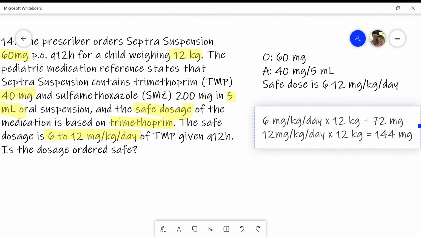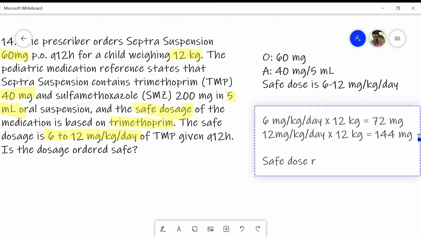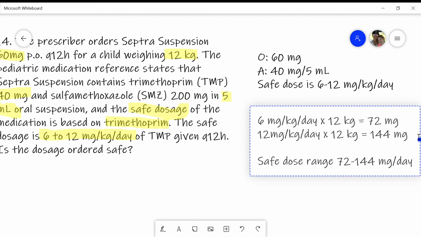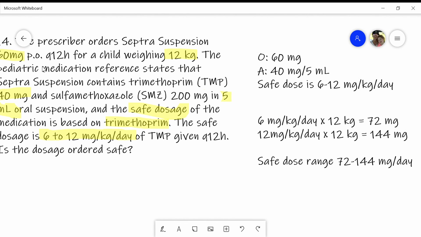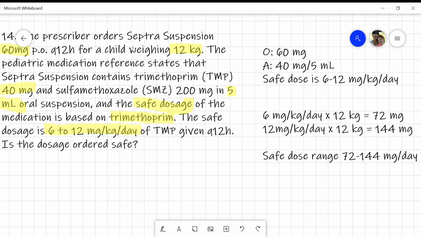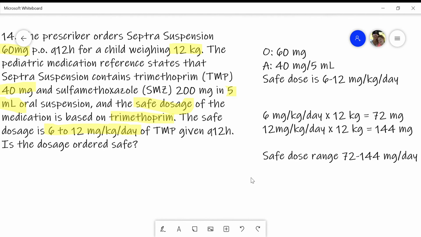And so that's our safe dose range. It's going to be 72 to 144 milligrams per day for this child. And he's getting 60 milligrams every 12 hours.